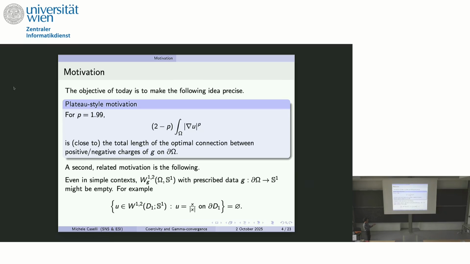I think the most simple example is this: if I consider the W12 maps from a two-dimensional disk in R2, that on the boundary they are X over mod X, okay? And then try to find a W12 extension, then this results in the empty set.